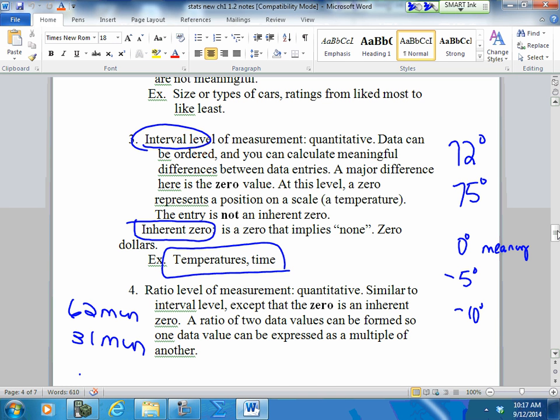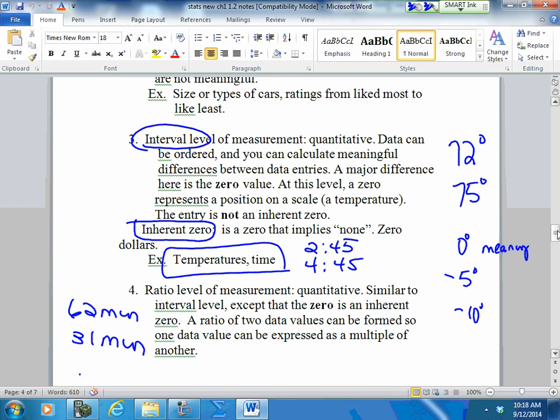So if your time is in minutes, then you're going to be ratio, the next level. If your time says it's 2:45 and this was at 4:45, I can only say this is 2 hours later. I can't say this is twice as late. See the difference? So is that meaningful? This is meaningful, but I can't make a ratio.